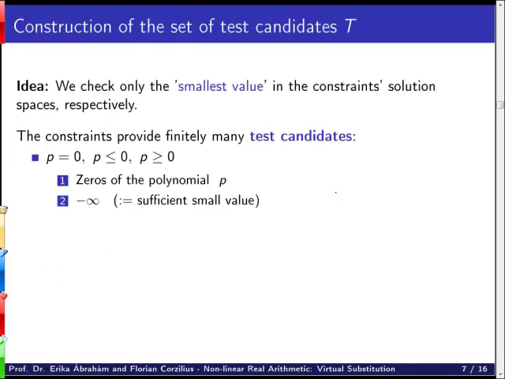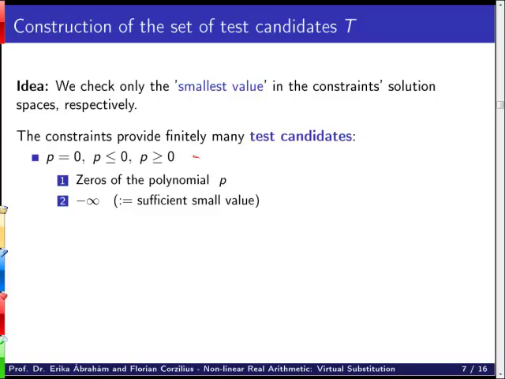Okay, so here is a summary of how we act for different relation symbols. For equal, smaller equal and greater equal, we get closed bounds. So we take now the zeros, because we can take this value itself as a left endpoint of the polynomial, which we know how we can construct, or we take minus infinity.